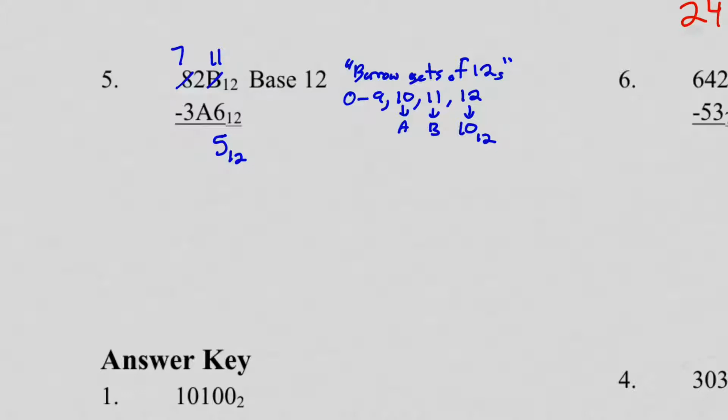And so now this guy, this 2, we're going to add 12 to it, and we're going to get 14. Okay, so this 14 just came from 2 plus 12. Okay, so now we can do 14 minus A, which is 10. So 14 minus 10 is 4. And 7 minus 3 is 4. So the answer is 445 base 12.